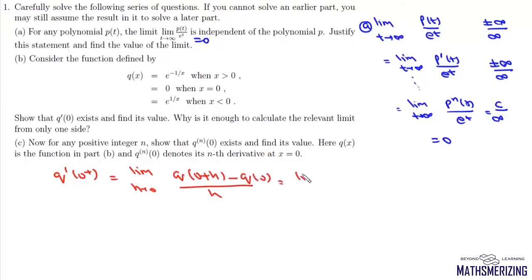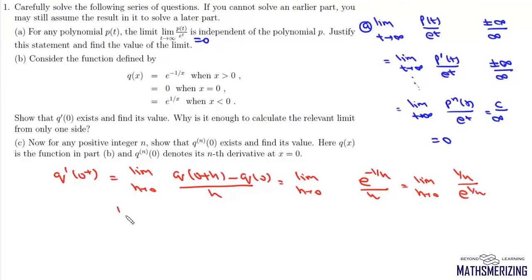Now q(h) when x is greater than 0 is simply e to the power minus 1 by h. q(0) is 0 and here it will be this h. So we can write this as limit h tends to 0, 1 by h and then e to the power minus 1 by h.